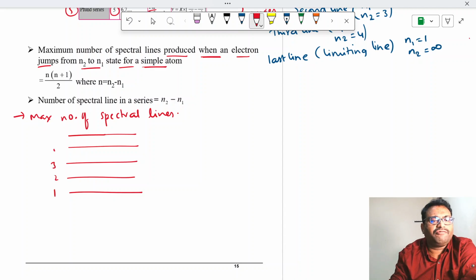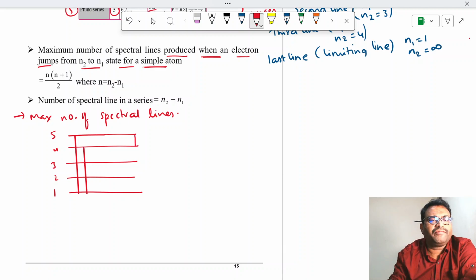1, 2, 3, 4, 5. The 5th energy level to the 1st energy level. What are the possibilities? 5 to 1 directly. Otherwise, 5 to 4 and 4 to 1.